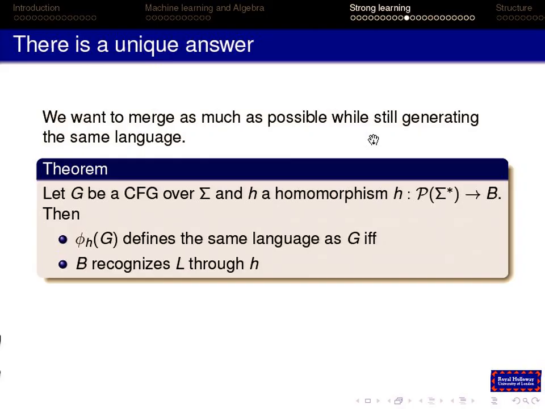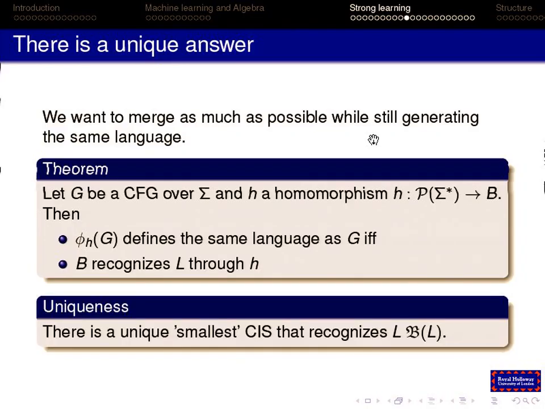So that's nice. We have these homomorphisms which define transformations of context-free grammars, and this transformation is not going to increase the language if and only if we have this criterion. Now what we can show is that there is a unique answer: there is a unique smallest semi-ring that recognizes L, and this is going to give us a unique morphism to simplify our grammar. So let me just do this in a little diagram here.